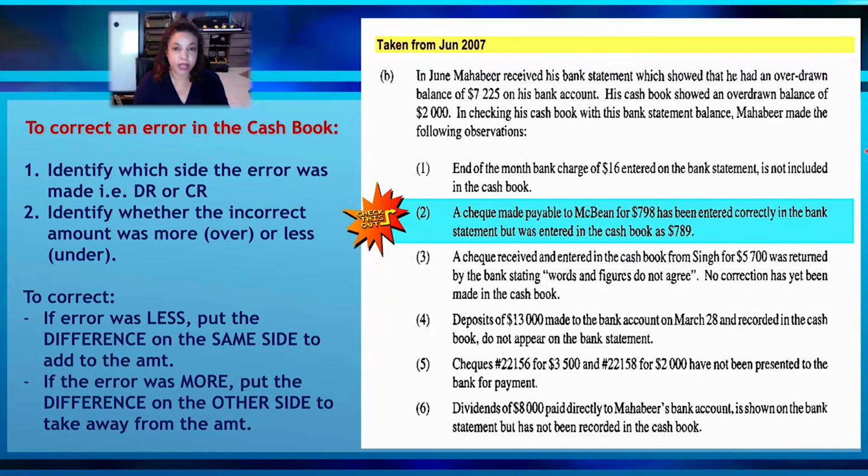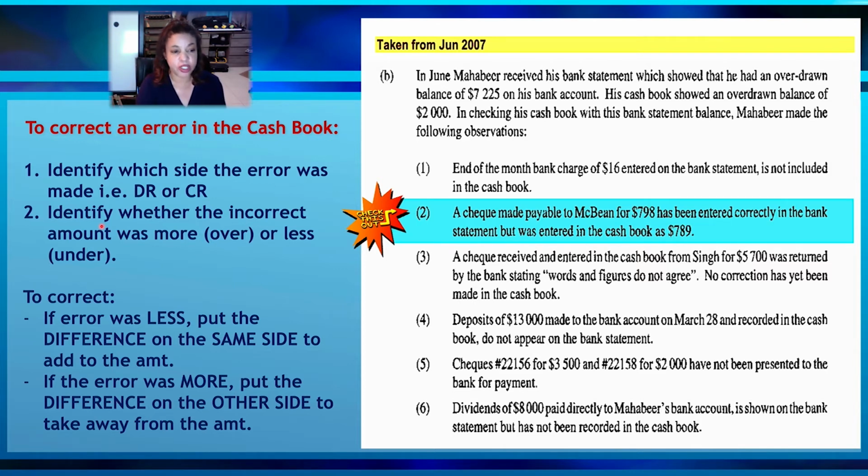So we will come back to the correction of errors, and you can pause the video and you would see here, in terms of number 2, what we just introduced you to, correction of errors. Identify the side, it was the credit side. Identify the error, $9, and it was less.